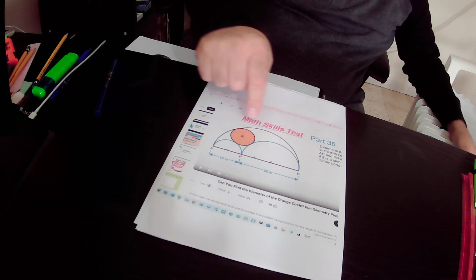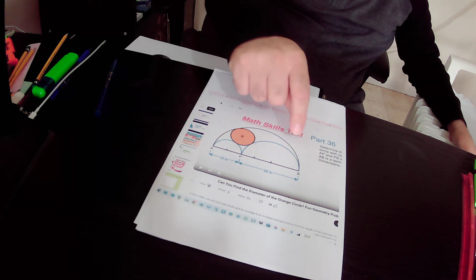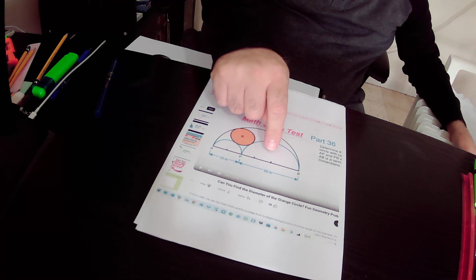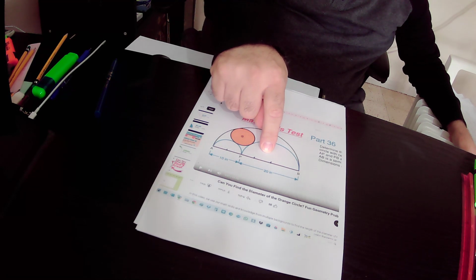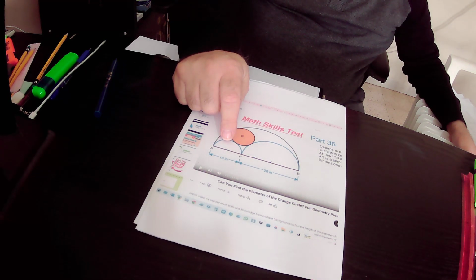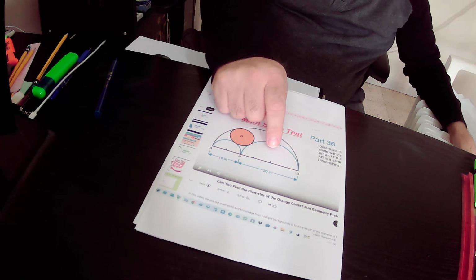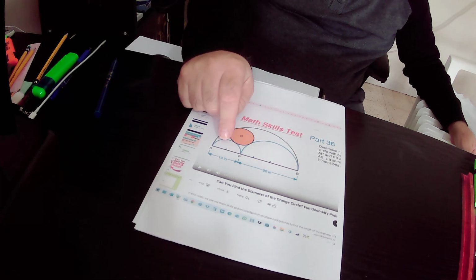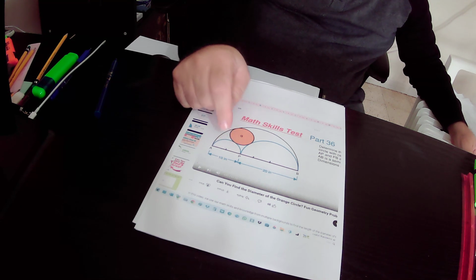So the radius of the biggest semicircle is equal to 15 units. The radius of this semicircle is equal to 10 units, and the radius of the smallest semicircle is equal to 5 units.